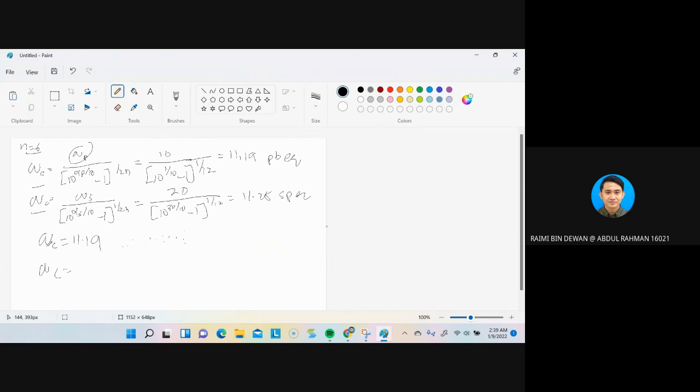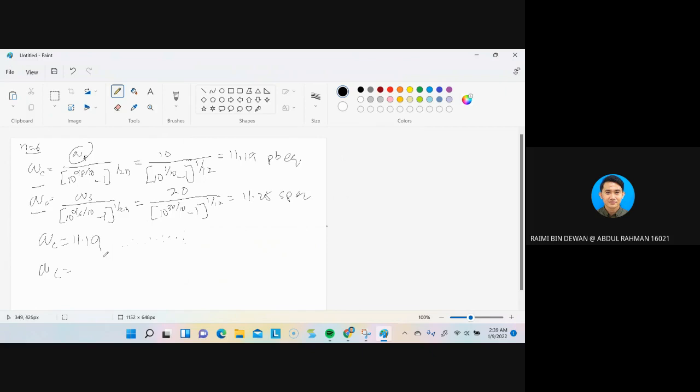So this one is omega c, and the next one is coming from omega c 11.19.